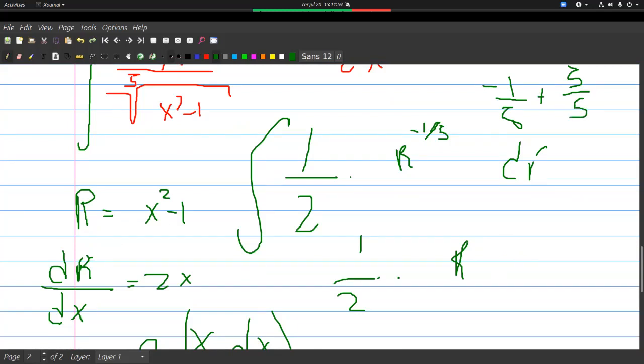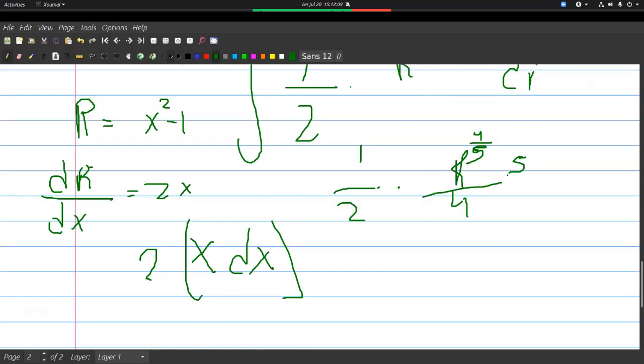So that is indeed r to the 4 fifths, divided by 4 fifths, which is multiplied by 5 over 4. That is the same thing.